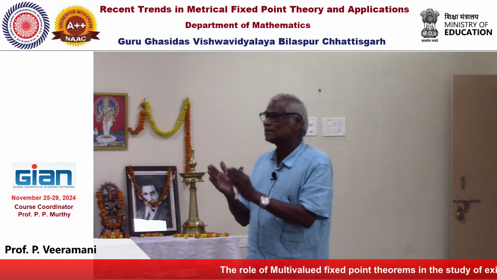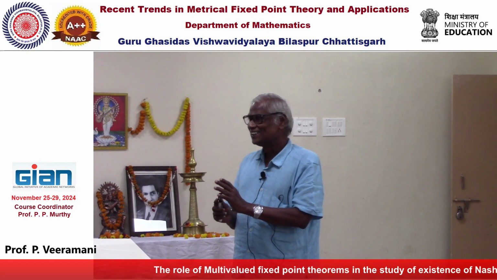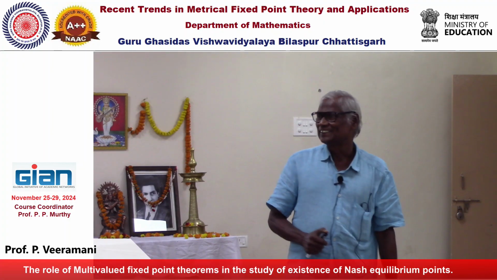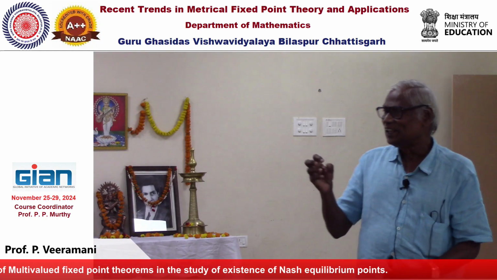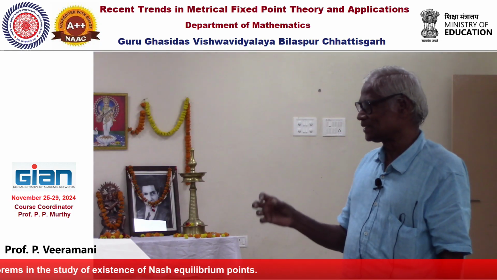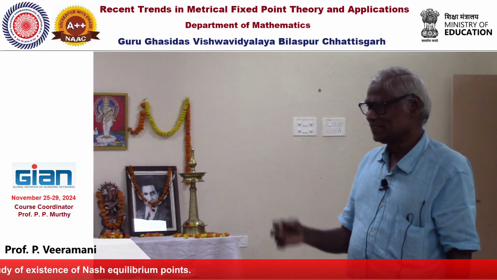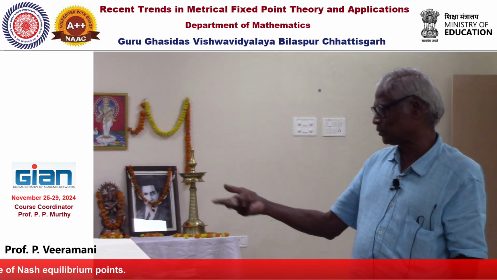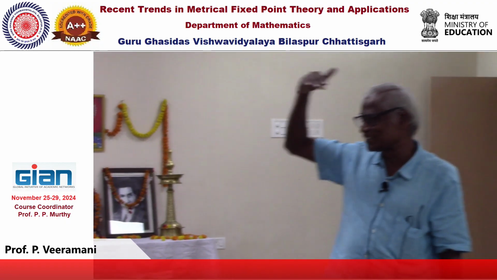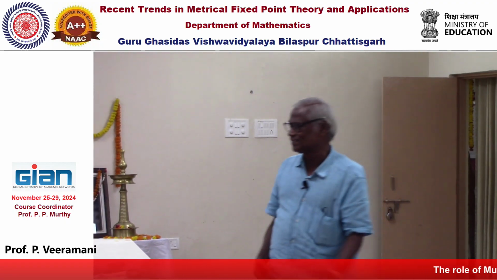That pair we call the equilibrium point. It was introduced by Nash, I think in 51 or 52, when he was about the age of many MSc students, just 21 or something.